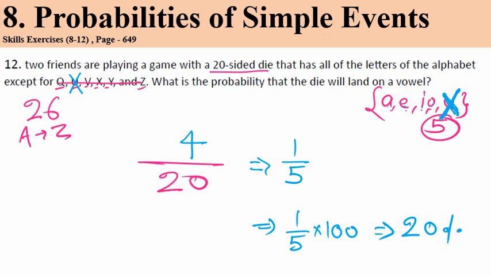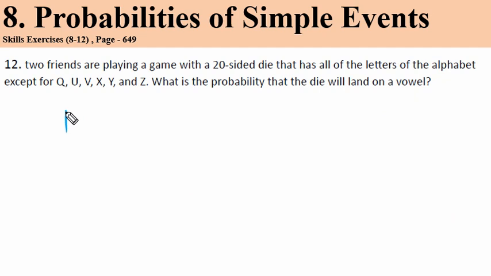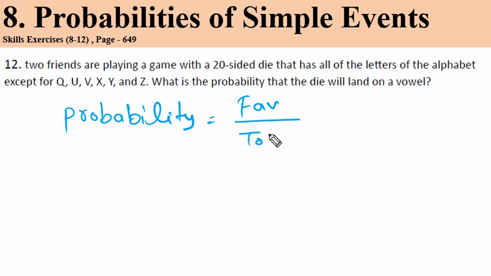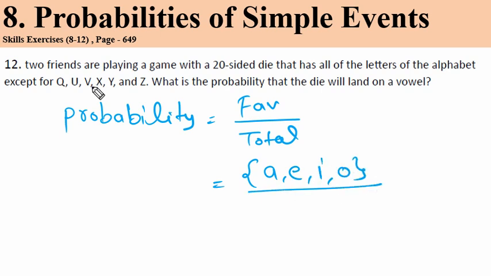Now, how will you write it step by step in the exam? First of all, you write the formula: probability is equal to favorable outcomes divided by total outcomes. Now favorable outcomes are A, E, I and O, because U is not here, and the total is 20, which is given here.